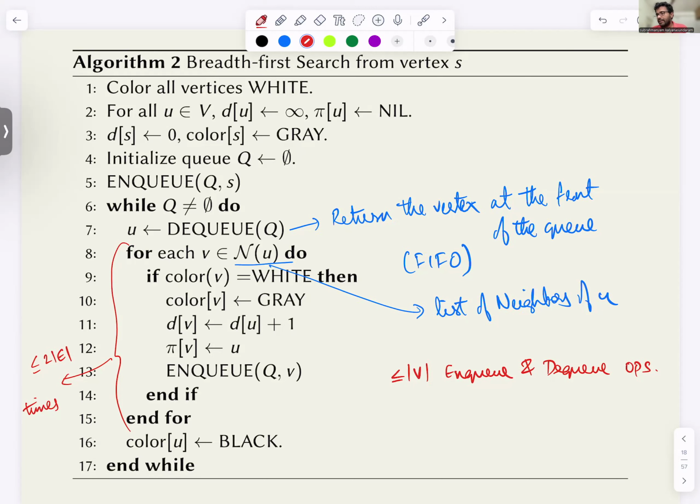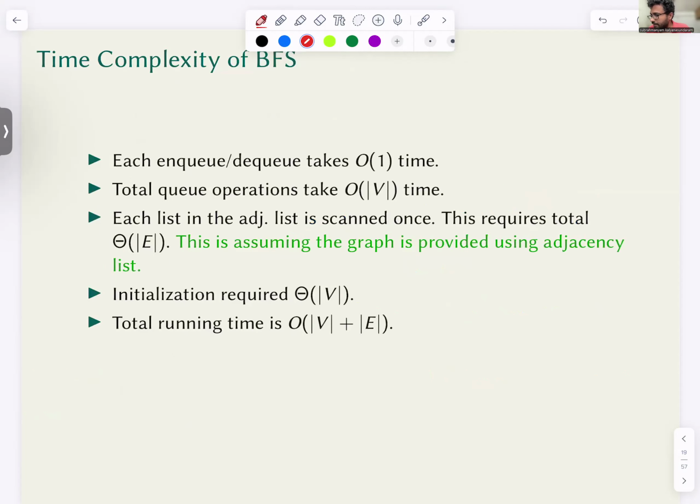So the total running time is... Each enqueue and dequeue operation takes constant time, let's just assume that without getting into how enqueue and dequeue are implemented. Total queue operations take O of V time. Each list in the adjacency list, meaning each neighborhood list, is scanned once.